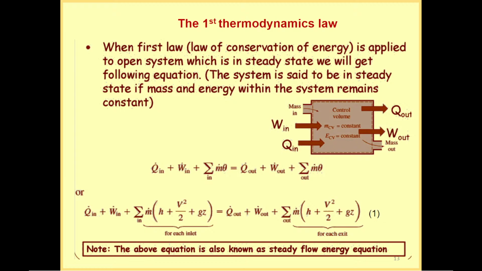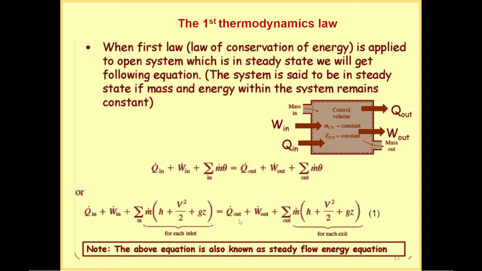When the first law of conservation of energy is applied to an open system which is in steady state, we will get this equation. The system is said to be at steady state if mass and energy within the system remain constant. We can rewrite this equation in more detail, and it may be shown in this form.